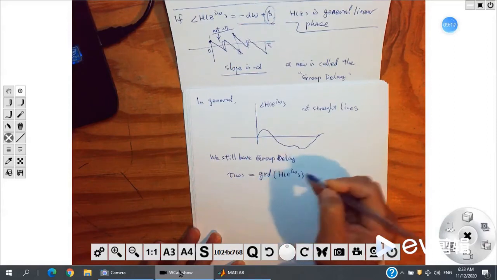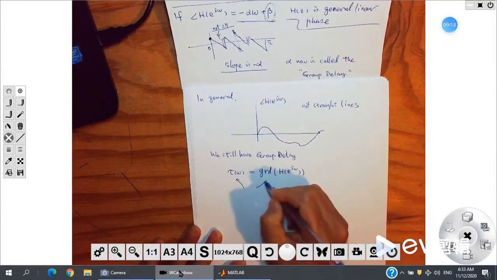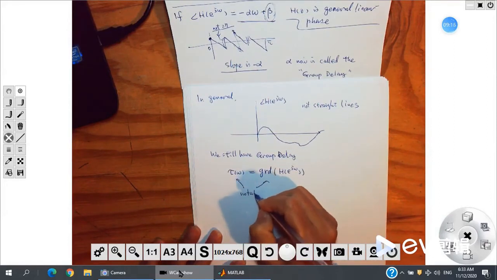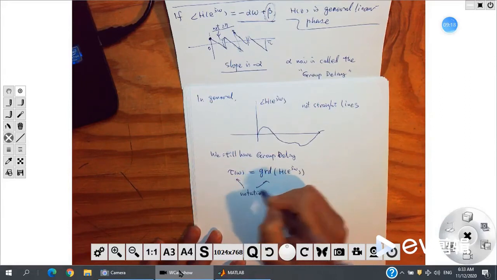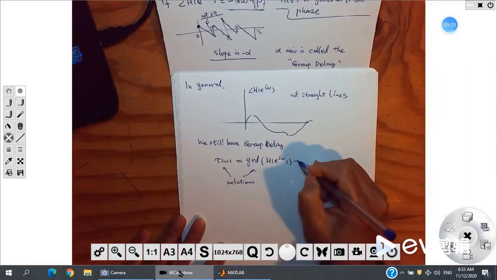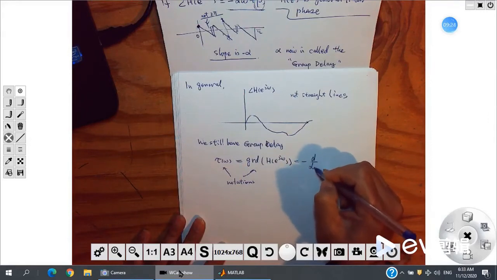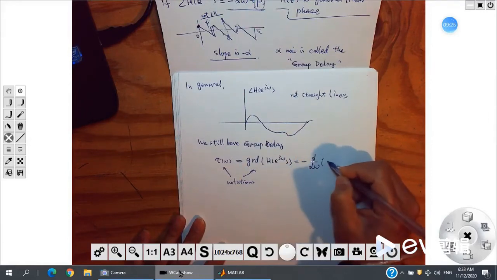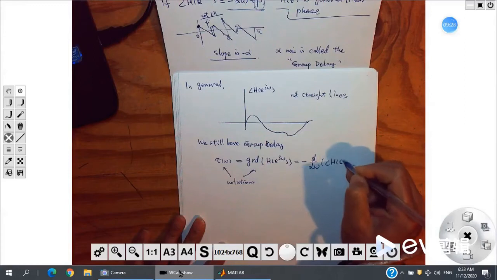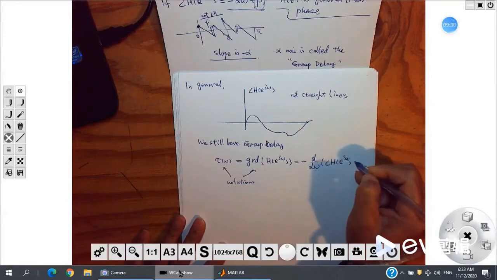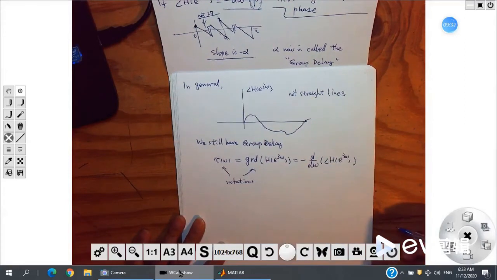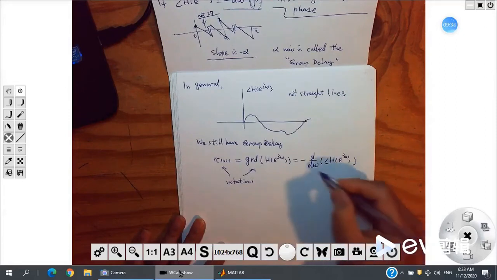These are the notations. It is defined as the negative derivative of the angle of H. You take the derivative. What is the derivative?